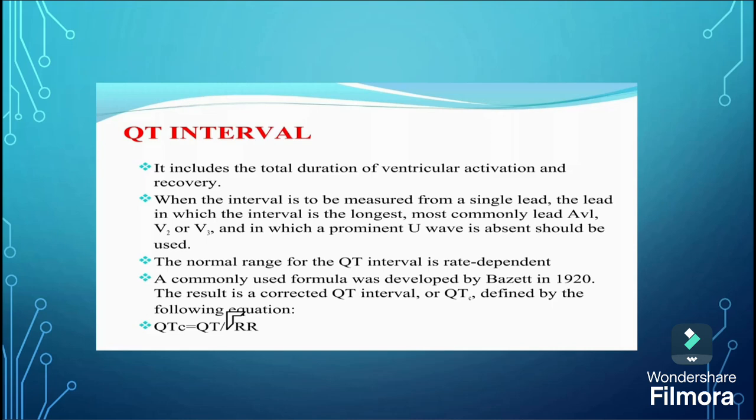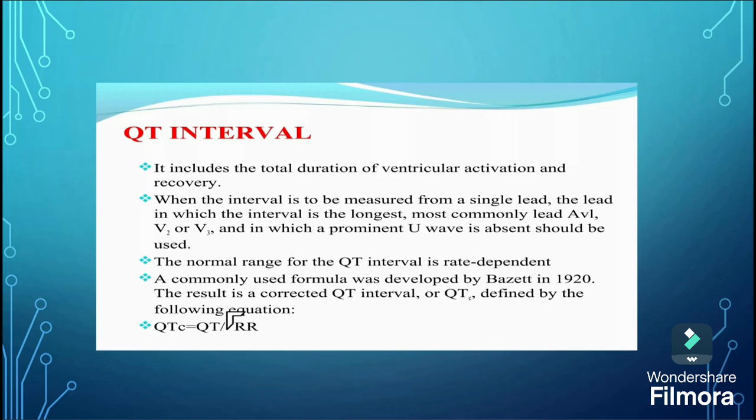The normal range for QT interval is rate dependent. A commonly used formula was developed by Bazett in 1920. The result is corrected QT interval or QTc. It is defined by the following equation. So corrected QT is QT divided by the square root of the RR interval. This formula is important.